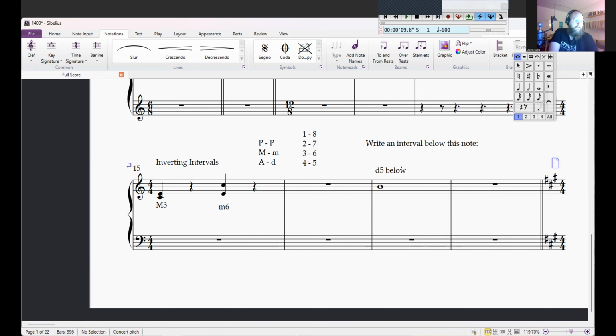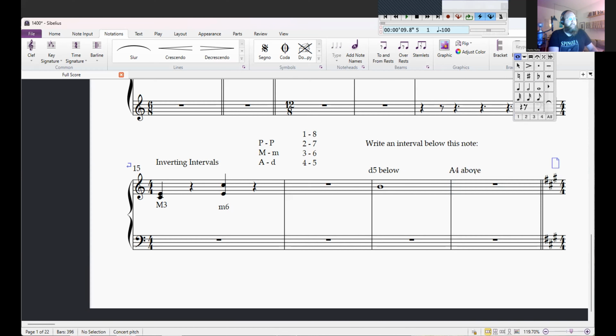Okay. So one thing you can do to write a diminished fifth below is to write an inversion of that interval above and then flip it. So what is the inversion of a diminished fifth? Okay, diminished becomes augmented and fifth becomes fourth. So an augmented fourth above.